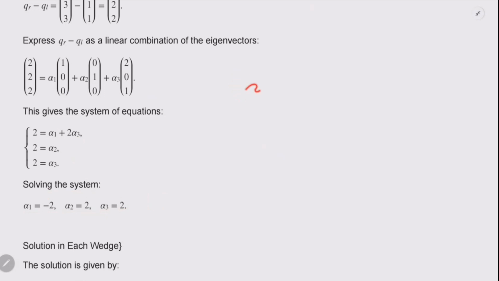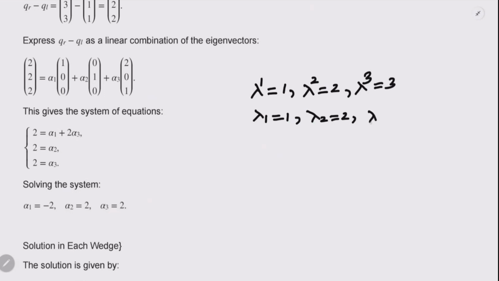Now remember that we have three eigenvalues. Lambda 1 is 1, lambda 2 is 2, lambda 3 is 3. You can use different notation, for example, lambda 1 is 1, lambda 2 is 2, and lambda 3 is 3. It is fine. This is just a notation.